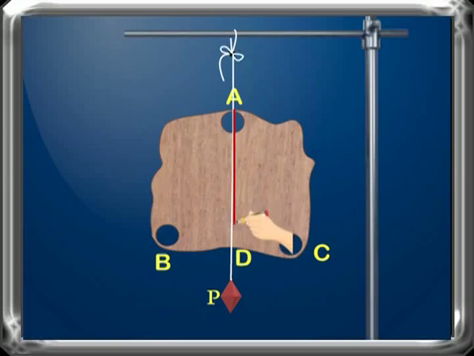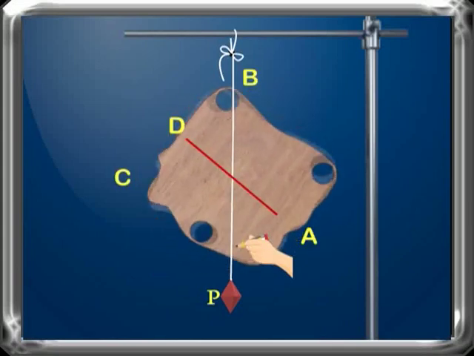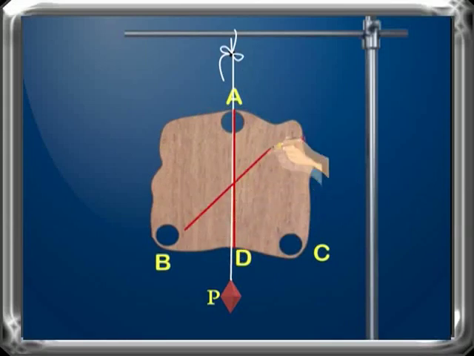This is the line of action of the weight of the body in that position. Similarly, suspend the lamina through other holes B and C and draw the lines BE and CF along the plumb line. These straight lines, which are the lines of action, are vertical and they intersect at G, the center of gravity of the irregular lamina.